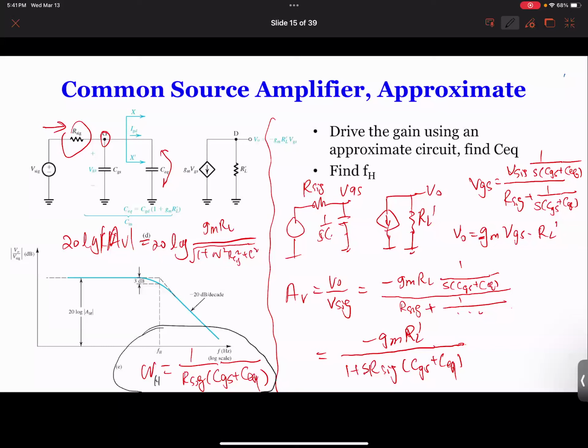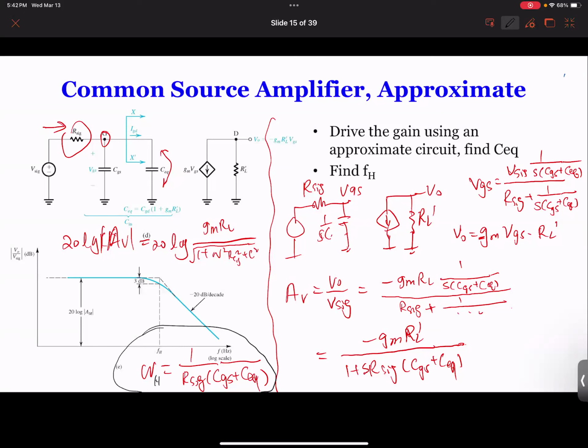This is what we get. And the actual green line, or the blue line, whatever, this blue line is the actual 20 log AV, the actual plot. The dotted line is approximate. So I guess this guy called Bode, he developed this method.